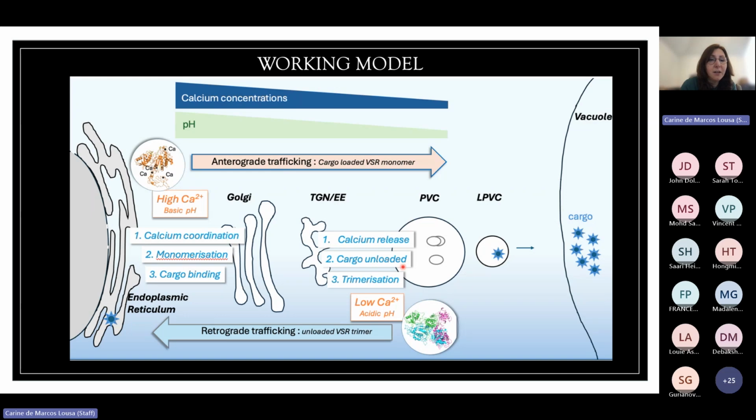At this stage, calcium concentrations are low, the pH is acidic. This triggers a calcium release, a trimerization, and a cargo unloading. And the trimerization here allows a signal to be recognized for the receptor to be involved in retrograde trafficking back to the early compartments. And so that is our working model.